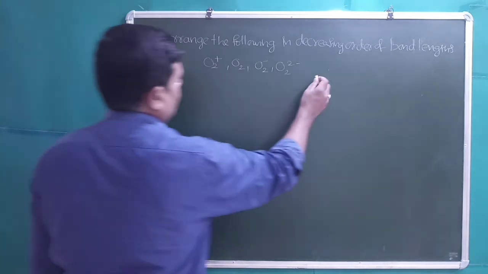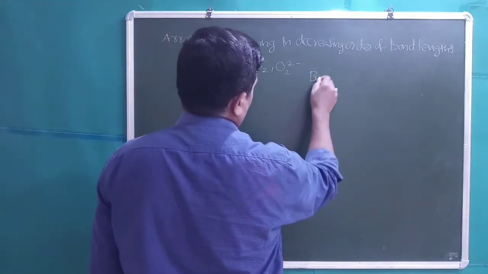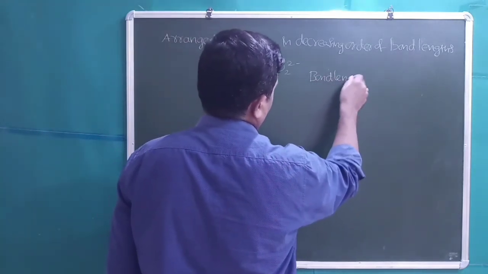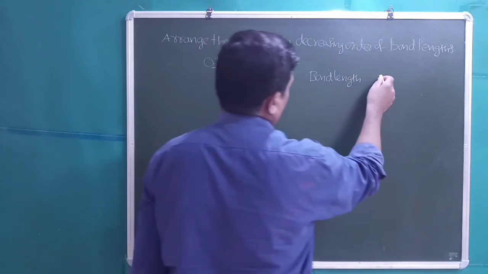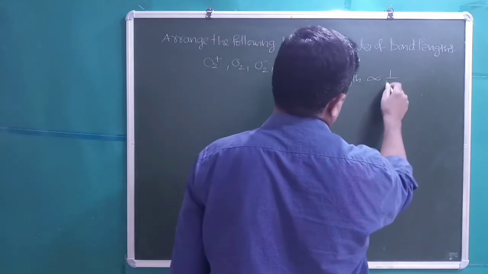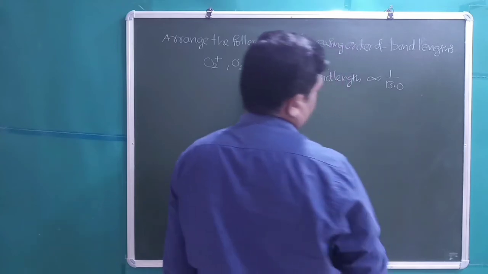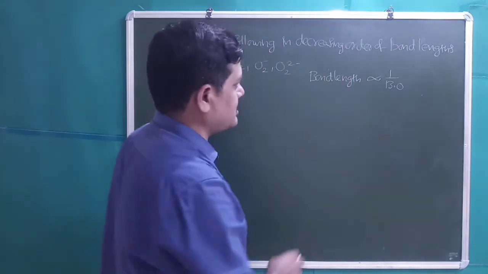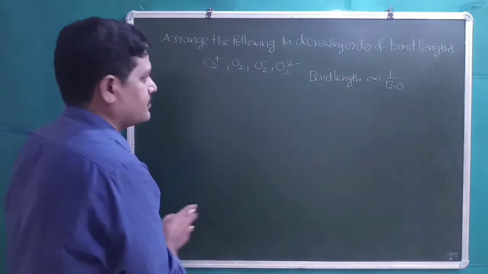So bond length is inversely proportional to the bond order. That means as the bond order increases, bond length decreases.